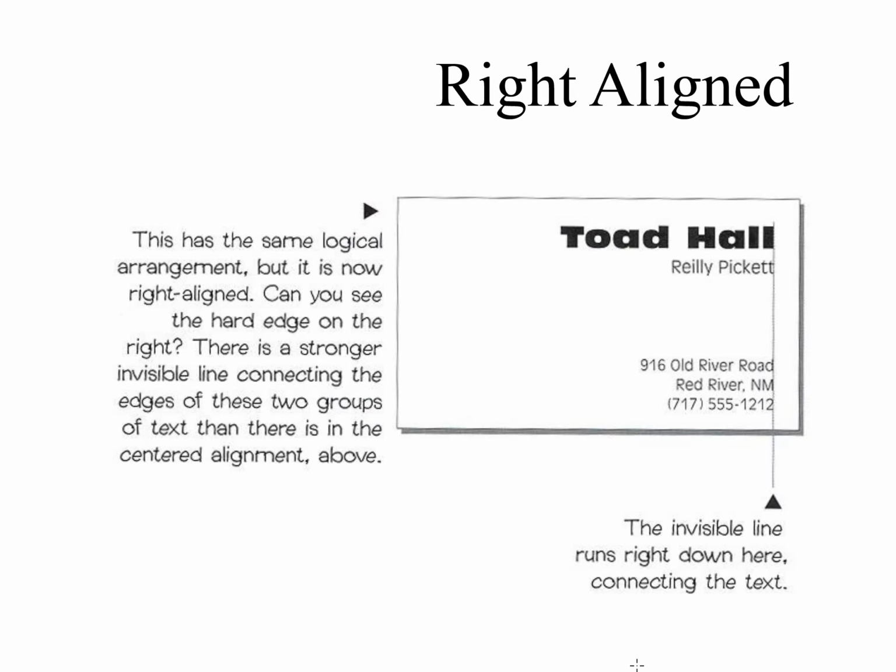So back to the business card. We basically removed the center alignment and gave everything a right alignment. And so there's an invisible line that runs down here connecting the text. You may see this without this alignment line and think that it's right aligned.